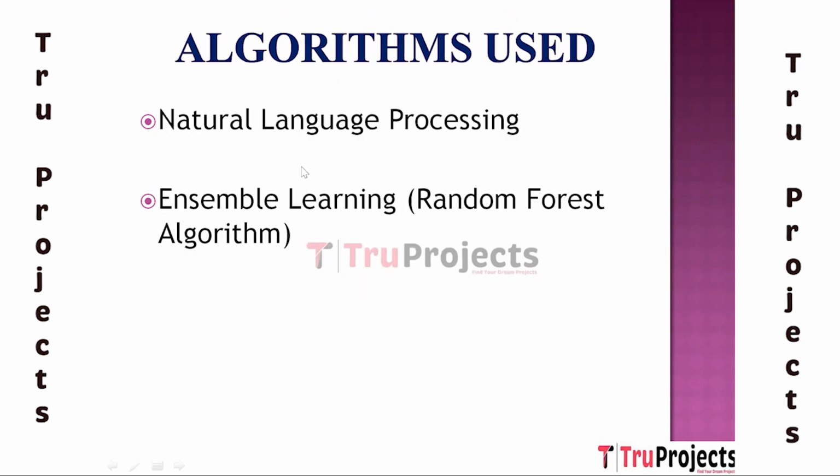Algorithms used. To implement this project, we have used two algorithms. The first one is natural language processing. NLP is a subfield of artificial intelligence that focuses on enabling computers to understand, interpret, and generate human language. In this project, NLP techniques are applied to analyze the input data, queries entered by users into web applications.